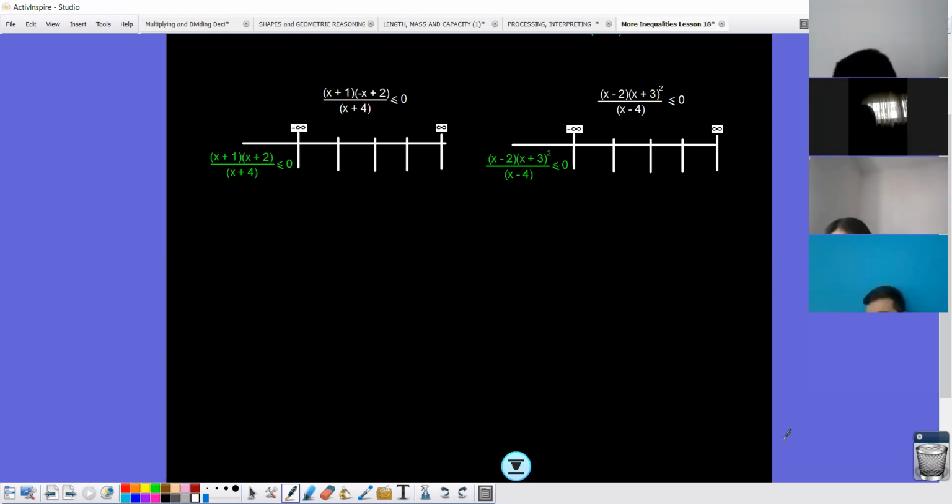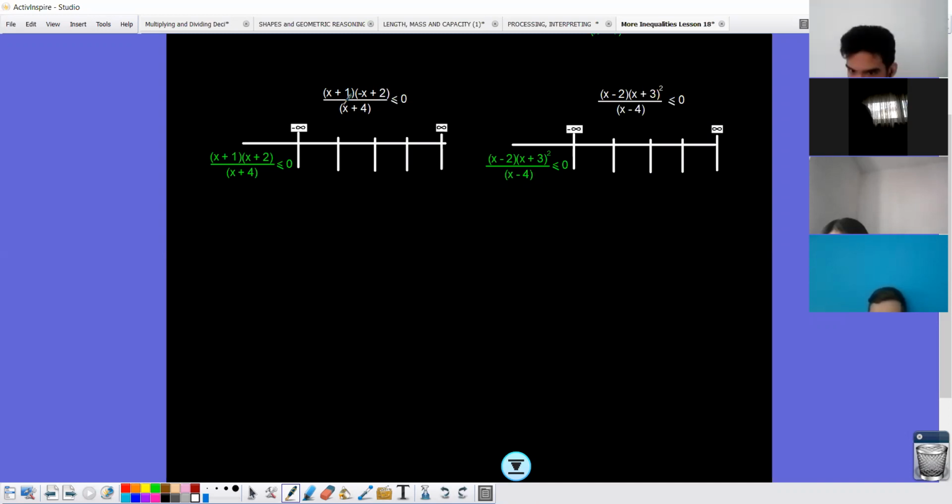I will ask Fatih to tell me the critical points of this expression. Which points will make all these expressions zero? Those are the critical points. For example, x plus 1 you have here.